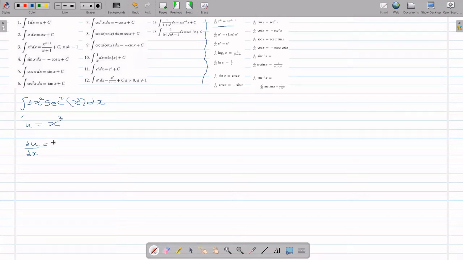Here if I differentiate, I get 3x squared, because I bring the n down and n minus 1. n is 3, so 3x squared. Then I isolate du. So here I get 3x squared times dx. Then I move 3x squared to the other side, dx.